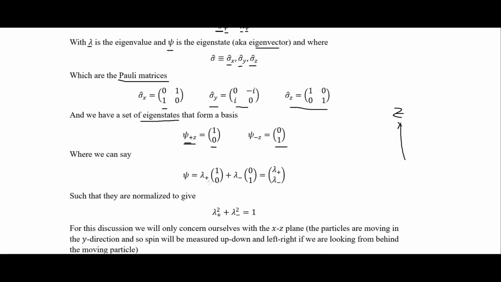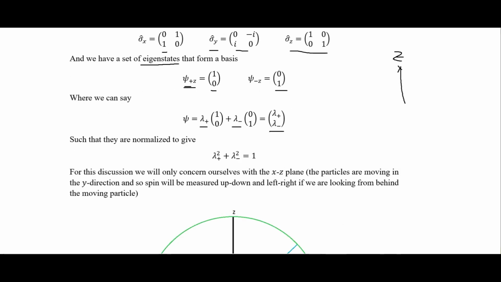And so we can say that we have these two components in this, and so we get this as our state, such that these are normalized to have the square of them added to equal 1. Because when they're squared, they are a probability, and the probability always has to come out equal to 1.